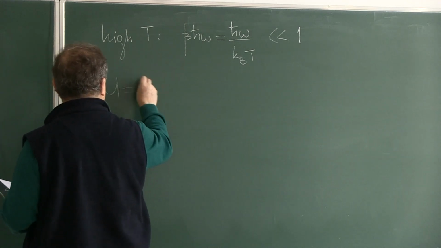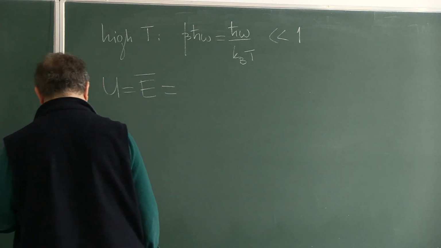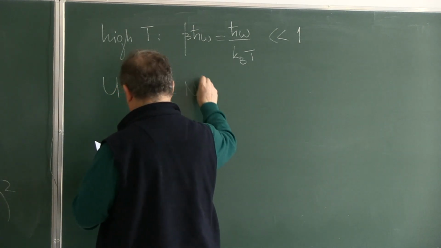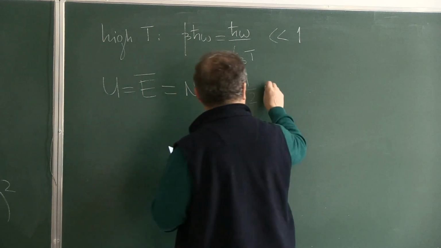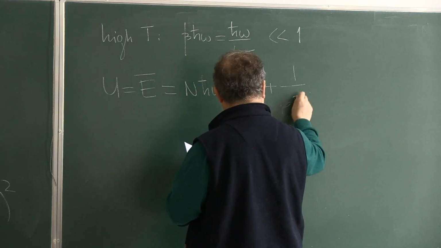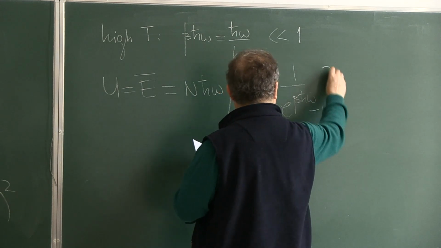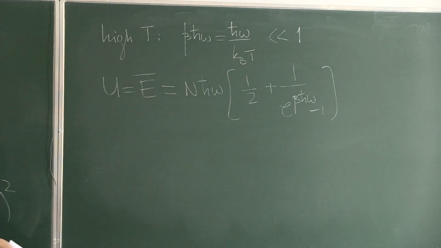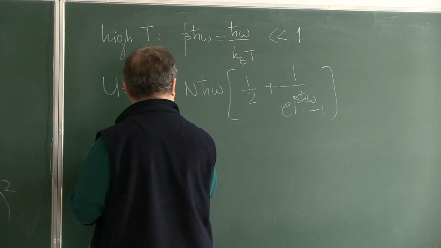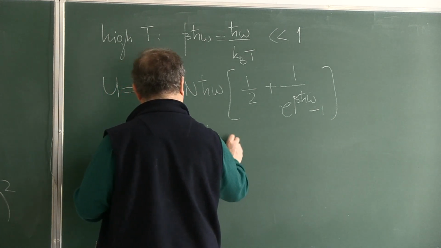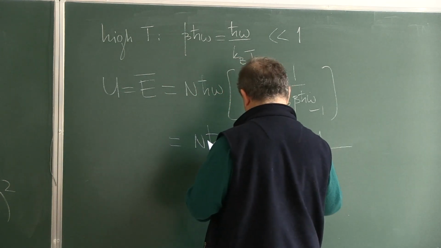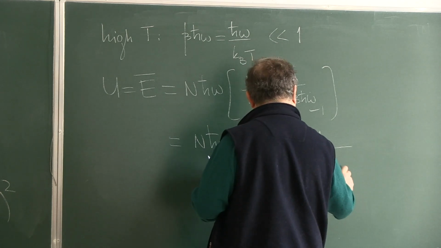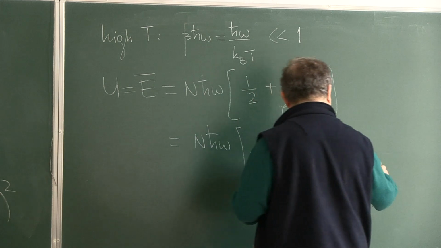So the internal energy turns out to be, in this limit, 1/2 plus 1 over e^(βħω) − 1. When βħω is very small, we can expand the exponential and write this as 1/2 plus 1 over (1 + βħω + other terms − 1).